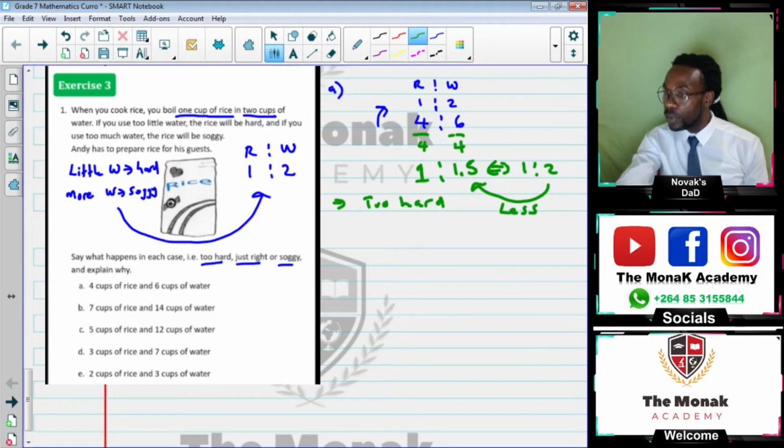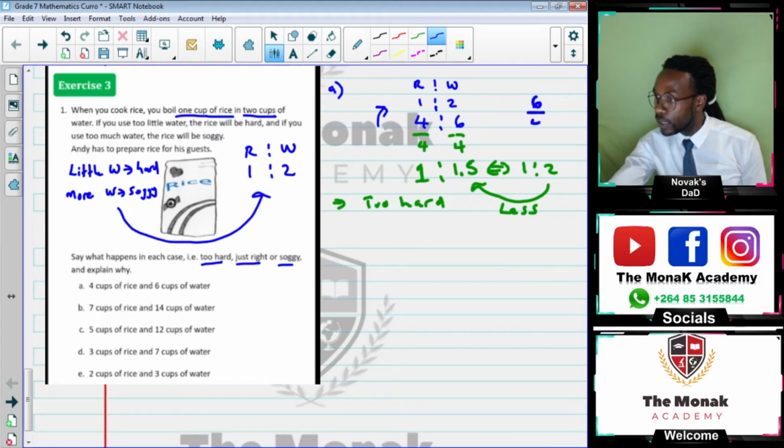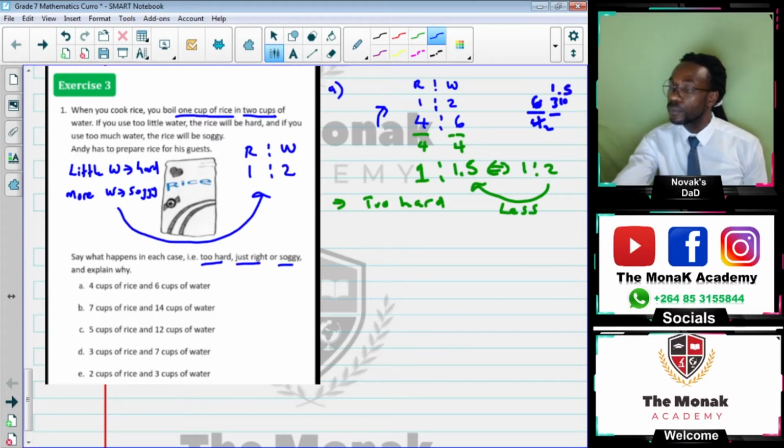Okay, I hope the maths here was not complicated. It's just 4:6. So you could have done it like this. I did it in my head. So 2 goes 2 times, 2 goes 3 times. So 2 into 3, it's 1 point 5. That's how we got 1:1.5.